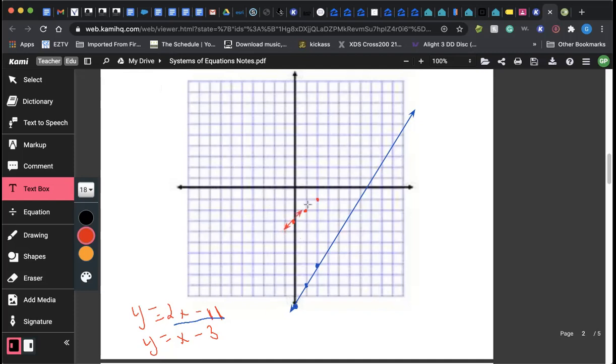I'm going to start back here and graph this line. And we can see that they don't intersect until I make them intersect because they're not great. Okay. So they intersect a little bit off of my graph.